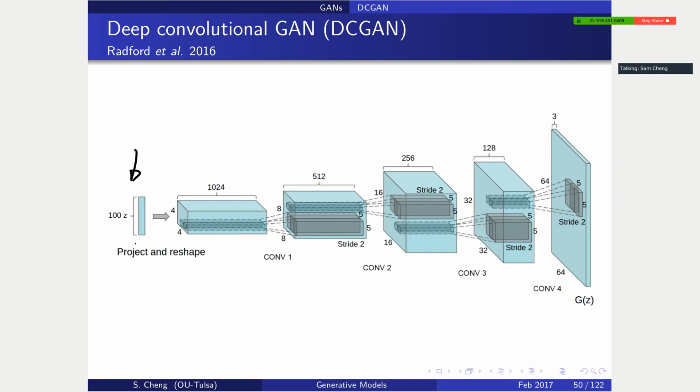You start with some random vector, then the generator does this upsampling that you saw in some earlier classes, which is the transpose of your convolution. Typically you can just do transpose of convolution and then upsampling like this. So you start with a vector.